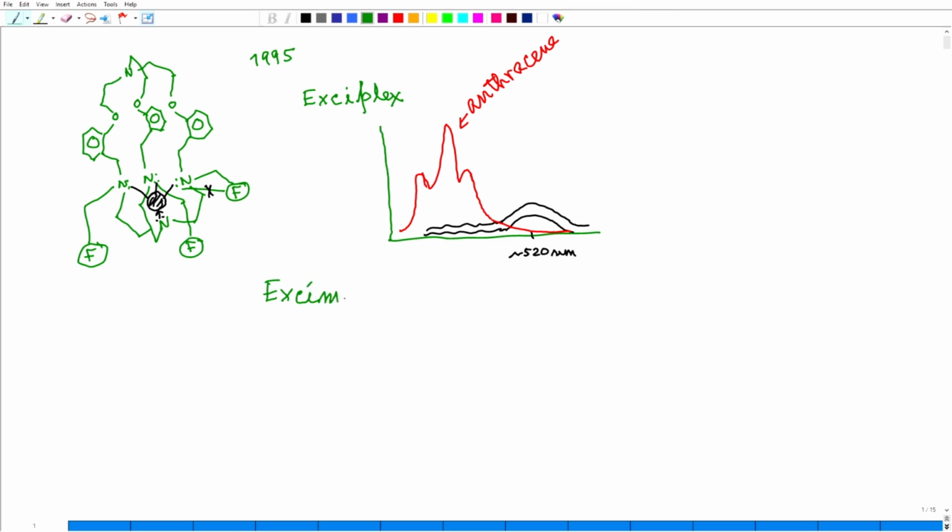Excimer is the shorthand of excited state dimer. This is excited state complex and this is excited state dimer.